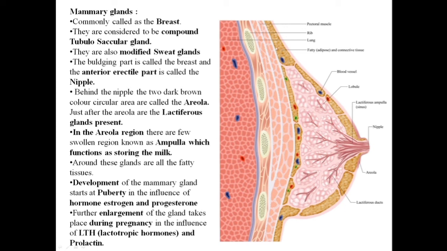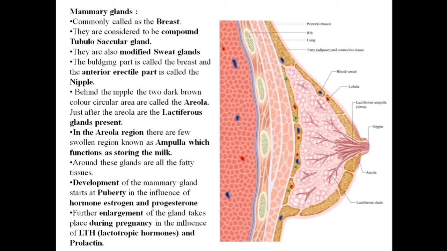And during pregnancy, when the mammary gland enlarges, it is under the influence of LTH, that is lactotropic hormone or prolactin. The function of this gland is to produce milk so that newborn babies can immediately be supplied with nutrition by the mother.